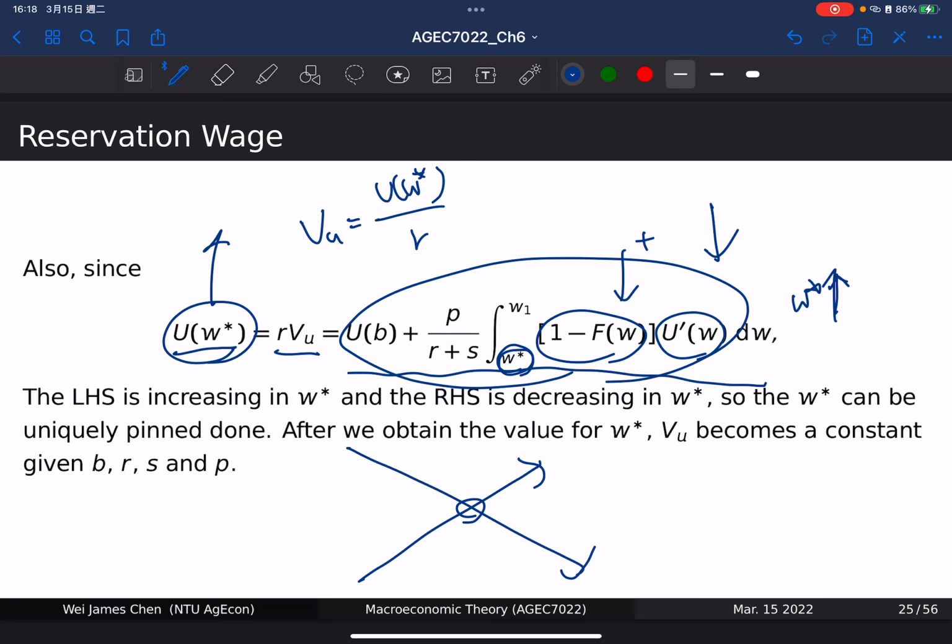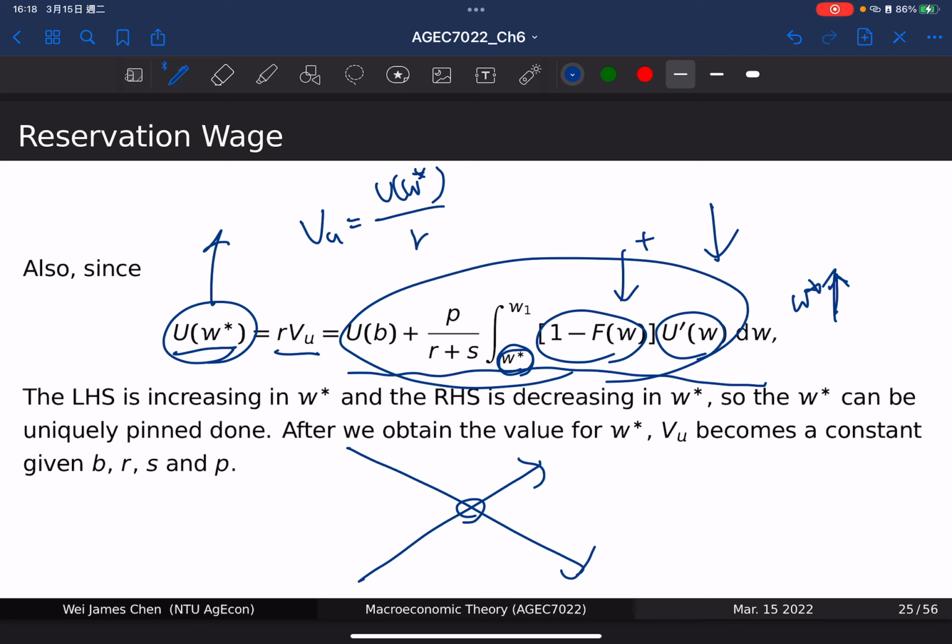We sort of assumed that there is a w star when we constructed the model for VE of w and for VU. But this is how I can pin down the exact number of that w star.